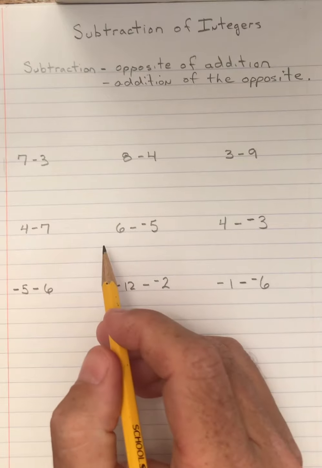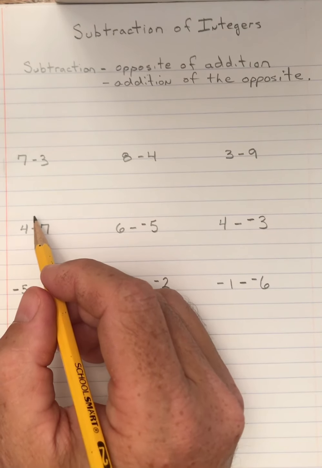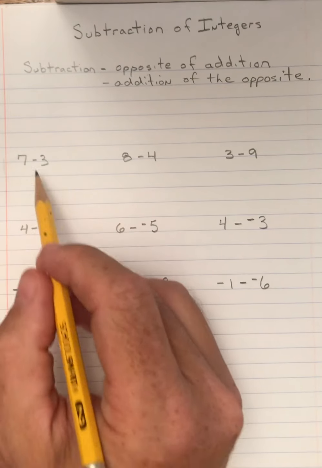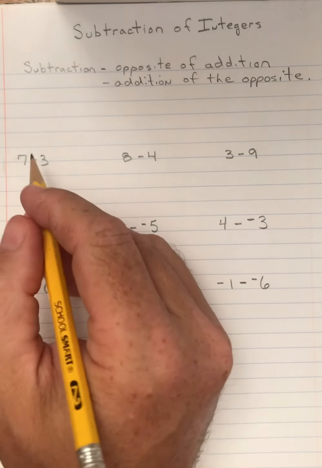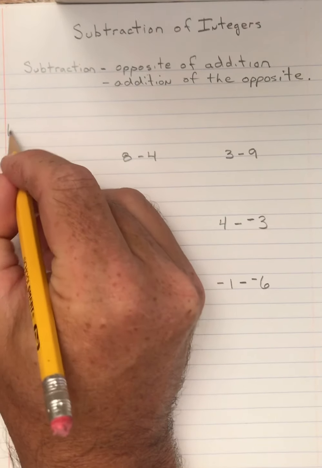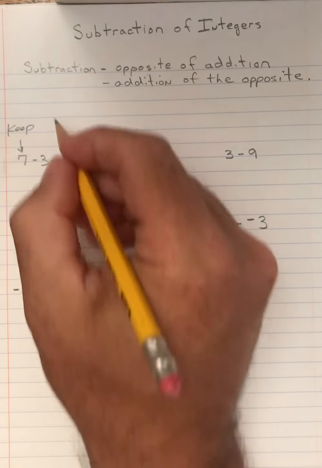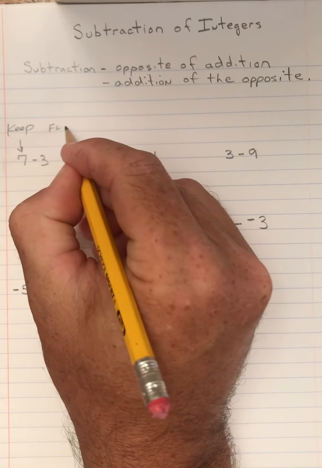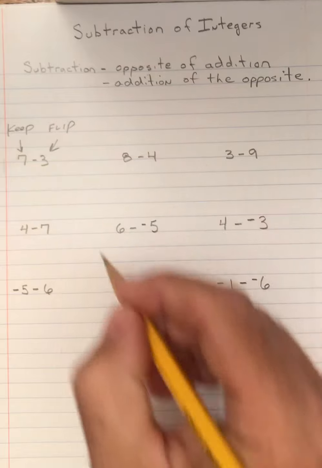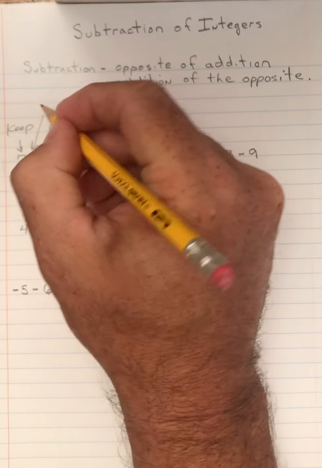For every single one of these, and you'll note, with the first couple at least, that the answer is simple. Everyone knows that 7 minus 3 is 4. But also, if I change this into an addition problem, what I can do is keep the first number, flip the second number to its opposite sign, and I change this to addition.